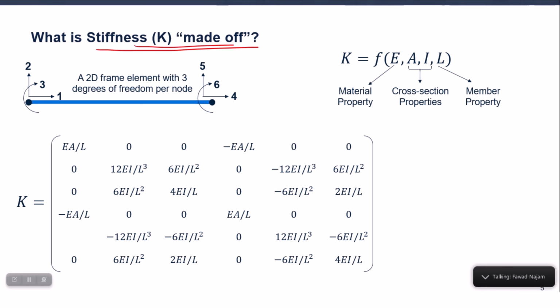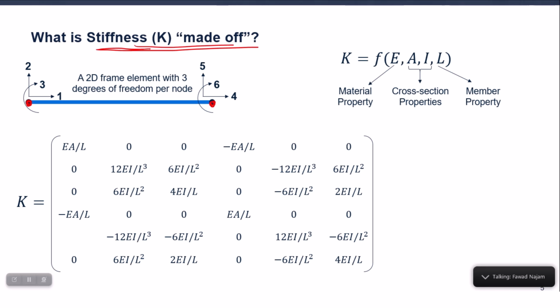So, just to quickly give you an idea what this stiffness matrix K is made of, for one element I write its K matrix, which is a 6 by 6 matrix, because this element has 6 degrees of freedom, 3 on this node or this end and 3 on the right side or right end, right.